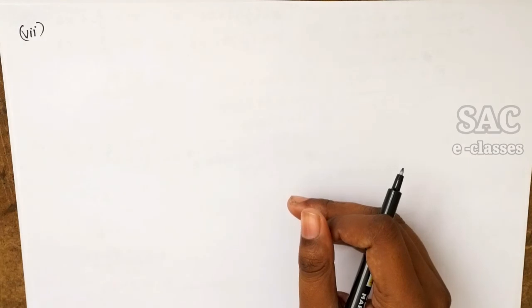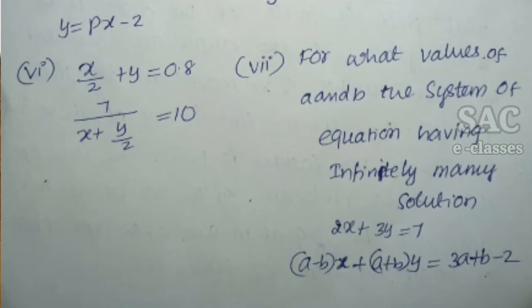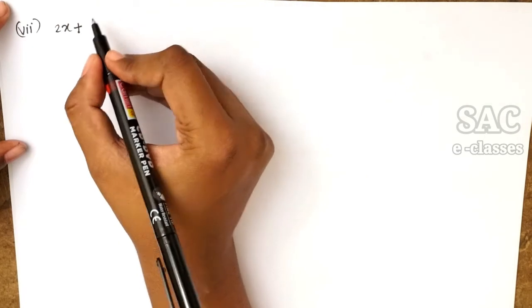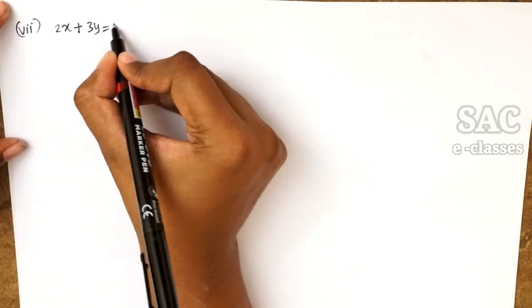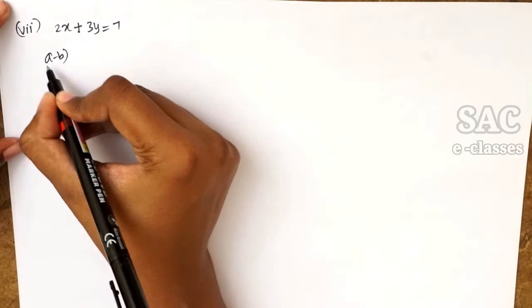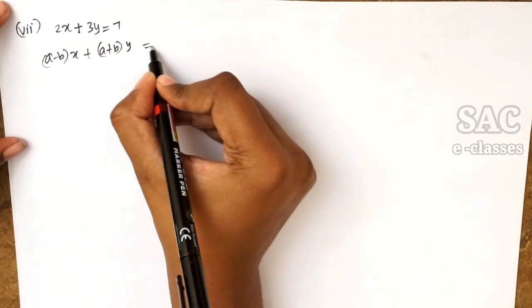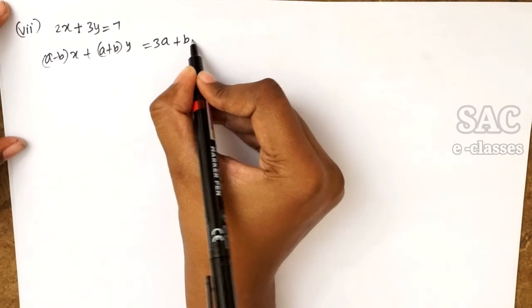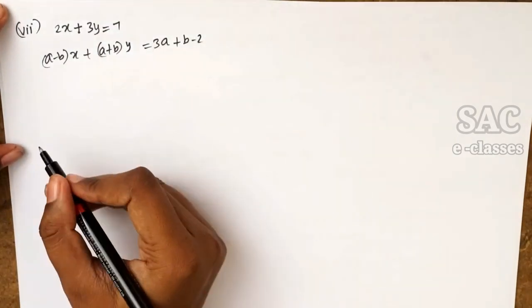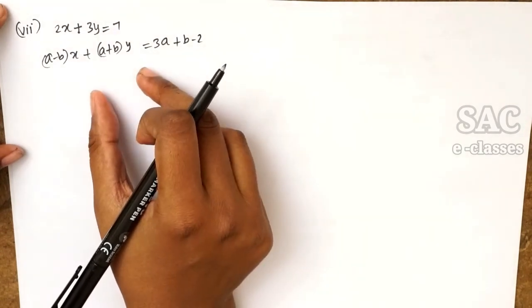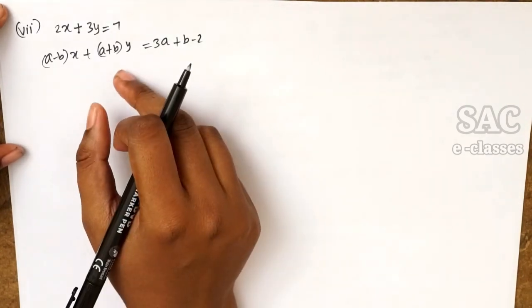Look at the 7th bit in the 8th Roman. For what values of a and b does the system of linear equations have infinitely many solutions? The equations are 2x plus 3y is equal to 7 and a minus b into x plus a plus b into y is equal to 3a plus b minus 2. If you observe, how can we say that any two linear equations may have infinitely many solutions?